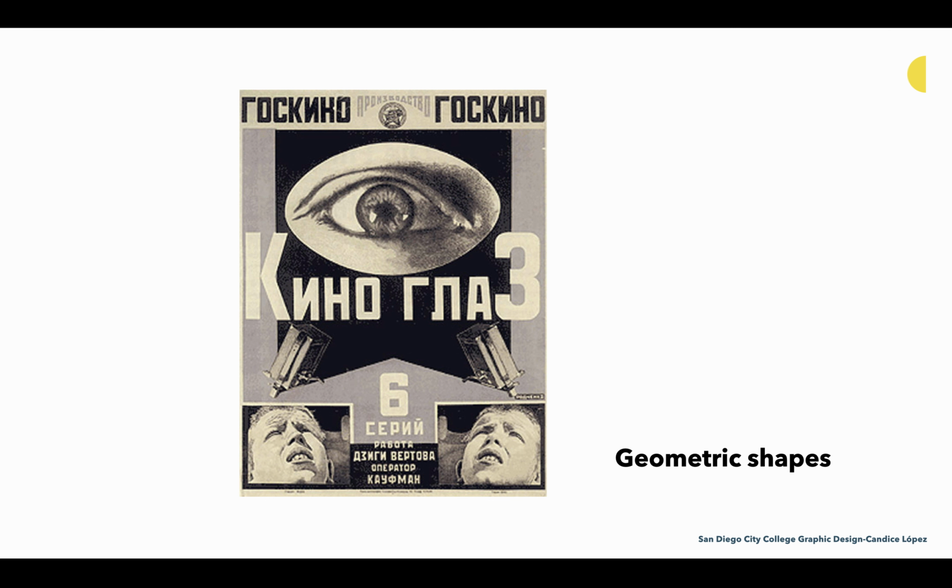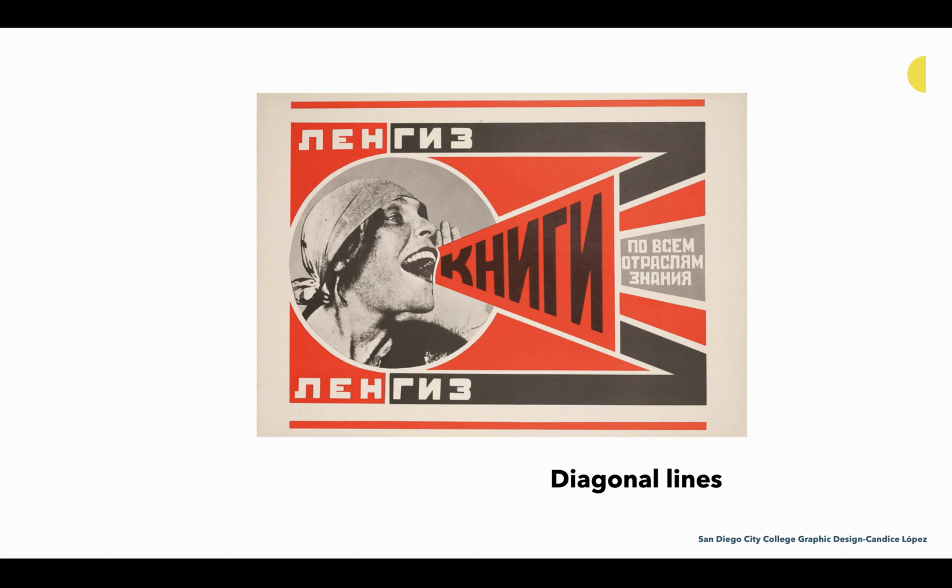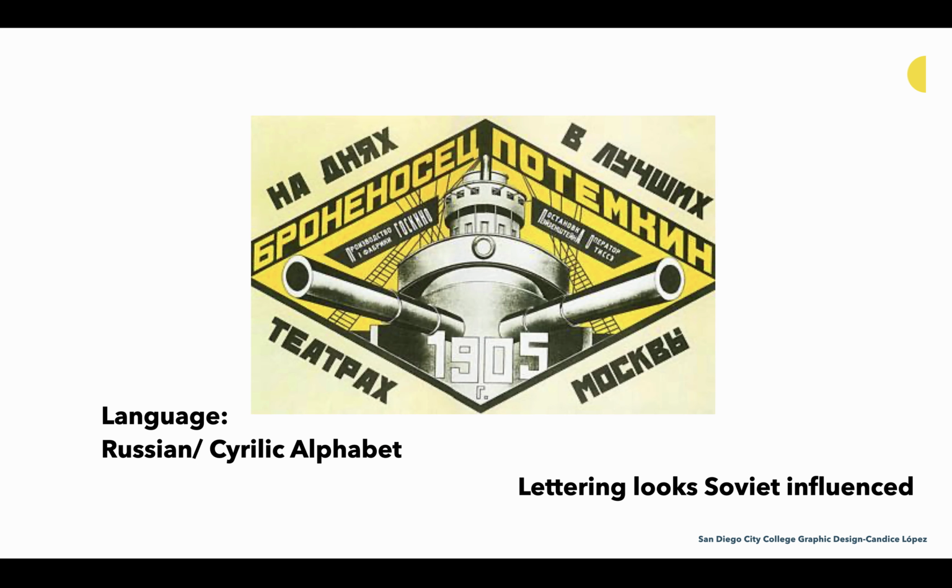Constructivism differs because we see geometric shapes, asymmetry. So in other words, it's not even on both sides. Diagonal lines are really big in constructivism. And you'll notice that the language is also Russian or Cyrillic alphabet.